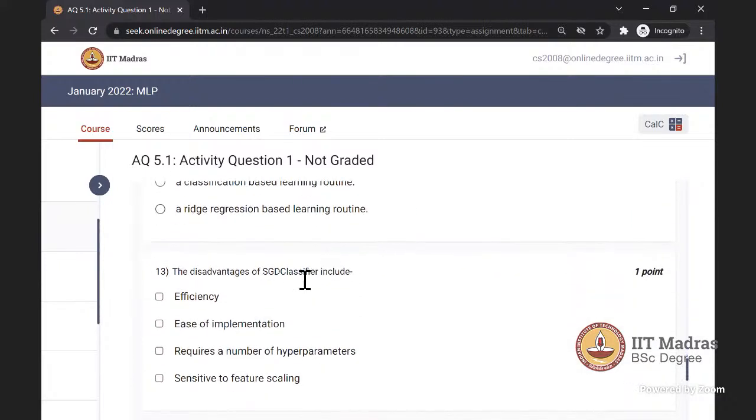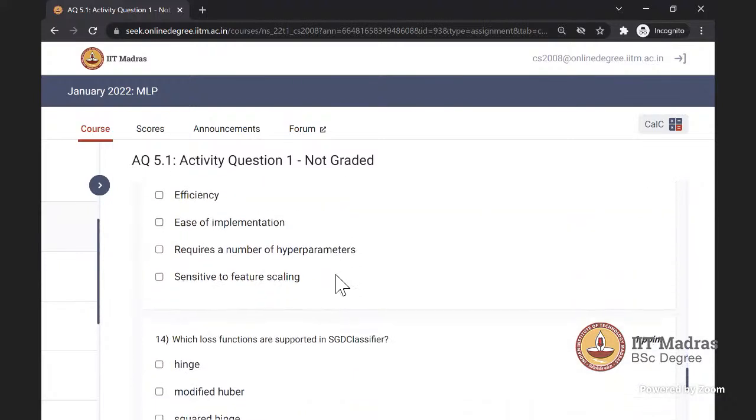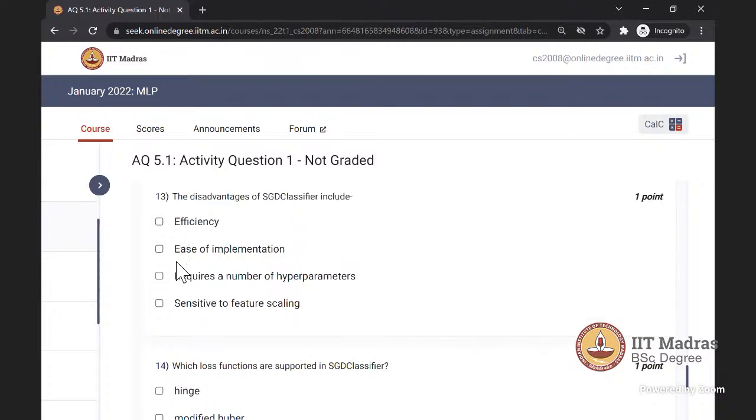The disadvantages of SGD classifiers include efficiency, ease of implementation, requires a number of hyperparameters, sensitive to feature scaling. Yeah, first two look like efficiency and ease of implementation are advantages, so they are definitely out of place. Third and fourth. Requires number of hyperparameters and sensitive to feature scaling, right?